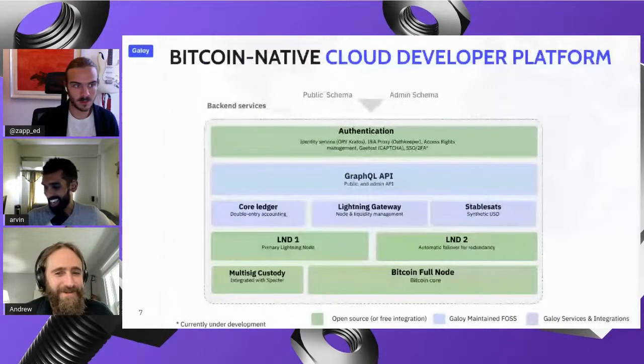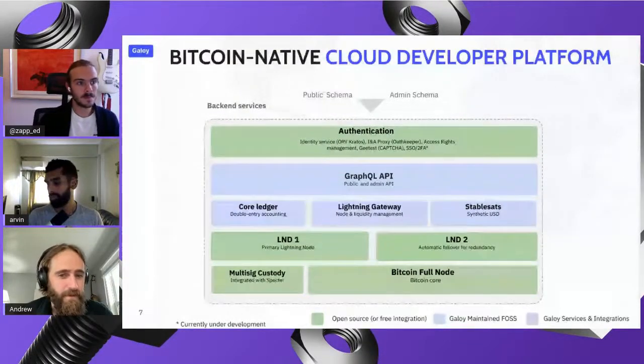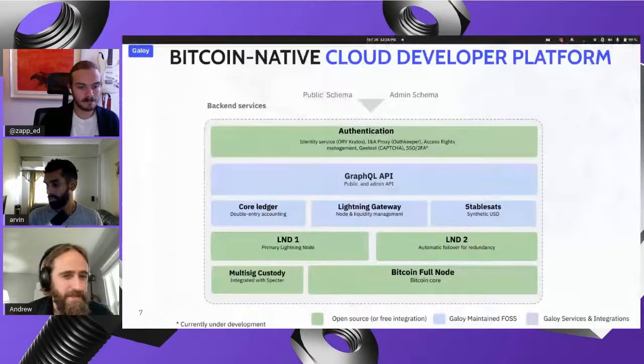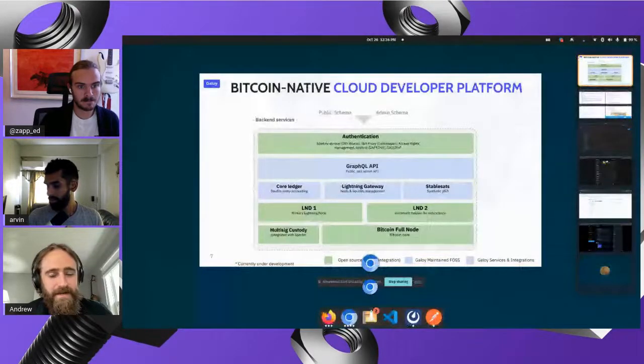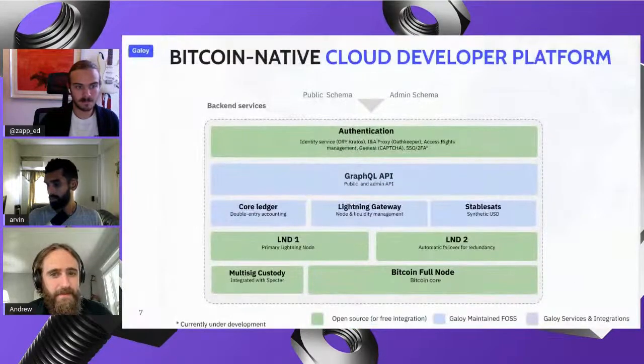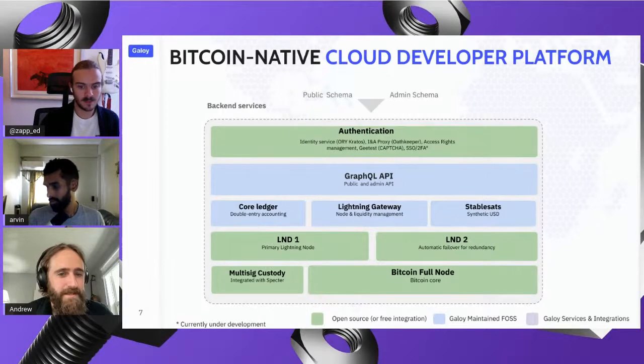Oh yeah, no worries. But the notion is that Galoy is building this open source banking platform with the core ledger, Lightning Gateway, and currency conversion with Stablesats. The opportunity to build stuff onto that and kind of recreate the financial system on top of Bitcoin is really exciting.